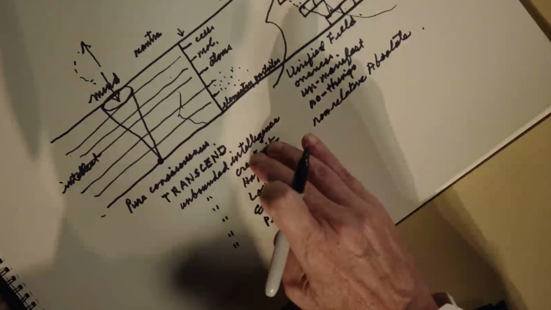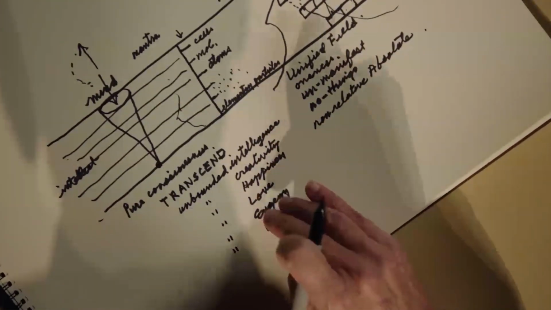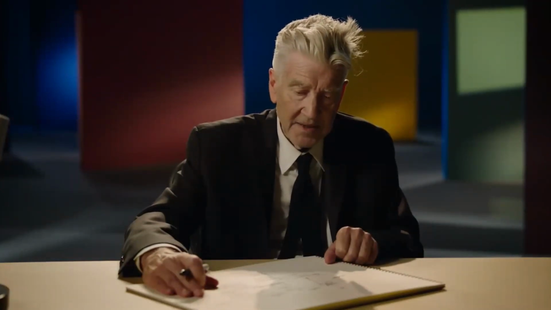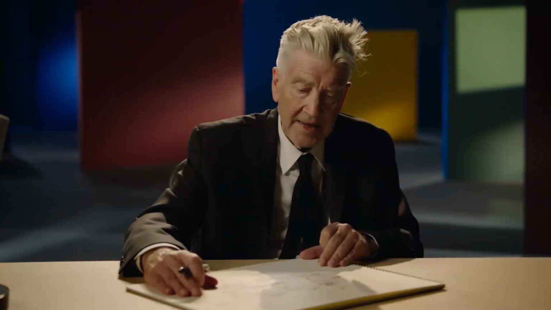Unbounded intelligence, creativity, happiness, love, energy, and peace are waiting for us in the big treasury within each one of us human beings. All we need is a technique to get us there.